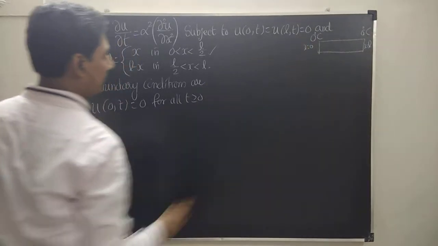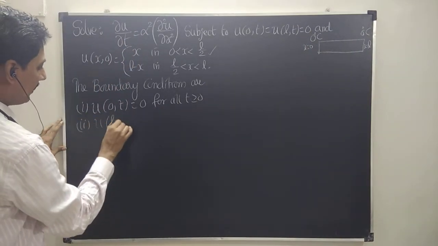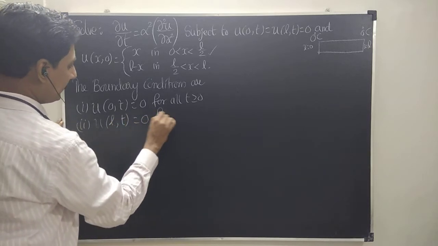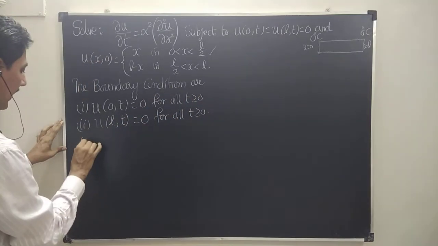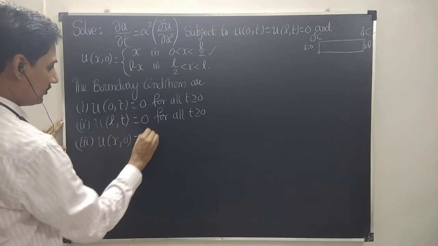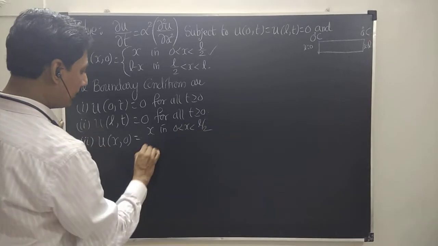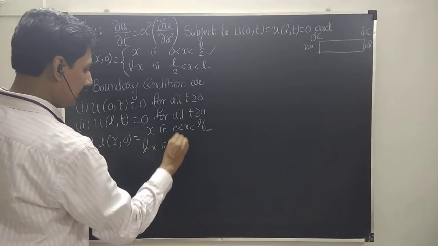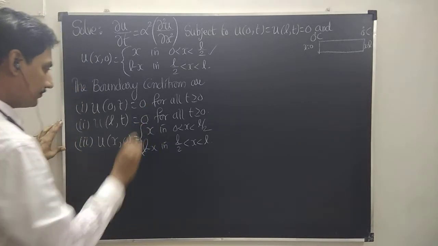When x is equal to L, at the second end, u of L comma t, once again the temperature is 0 for all time t. And the third boundary condition is the initial temperature distribution, t equal to 0: it is x in the interval 0 to L by 2, L minus x in the interval L by 2 to L.